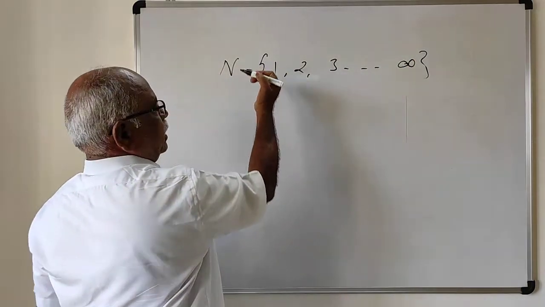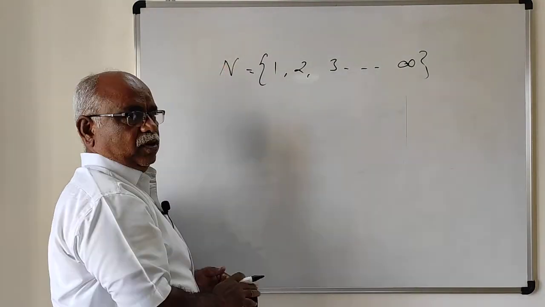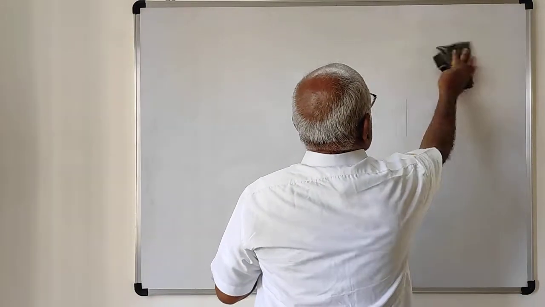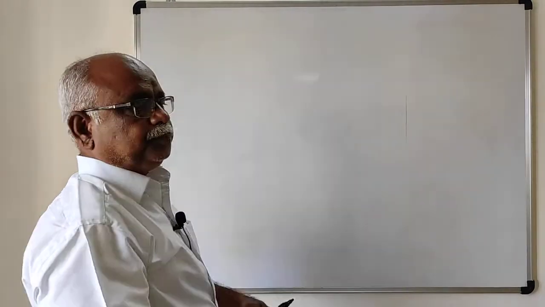Therefore, 0 is not an element of the set N, and there is no additive identity in the set of natural numbers. So except the set of natural numbers, in all other sets the additive identity exists.